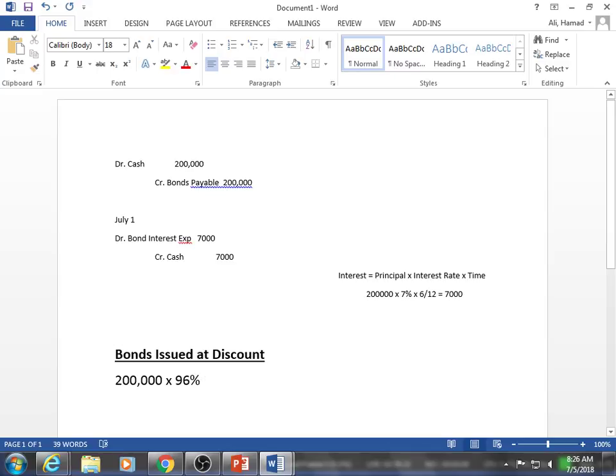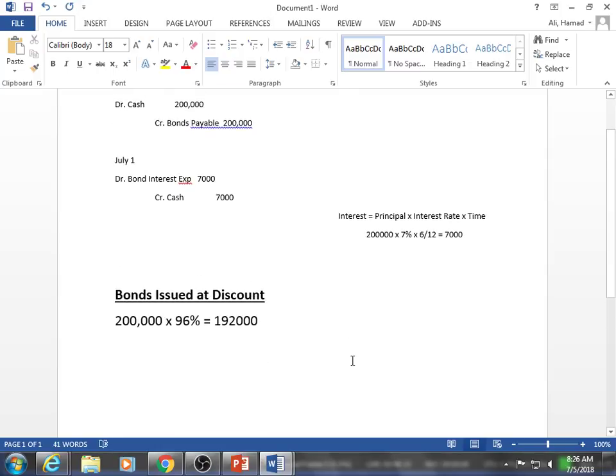So in this case, let me get my calculator here. 200,000 times 0.96 gives us $192,000. So for the 200,000 they are getting only $192,000.